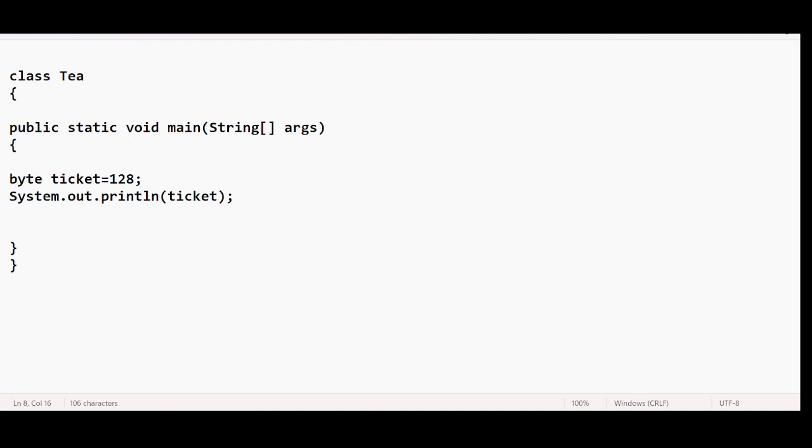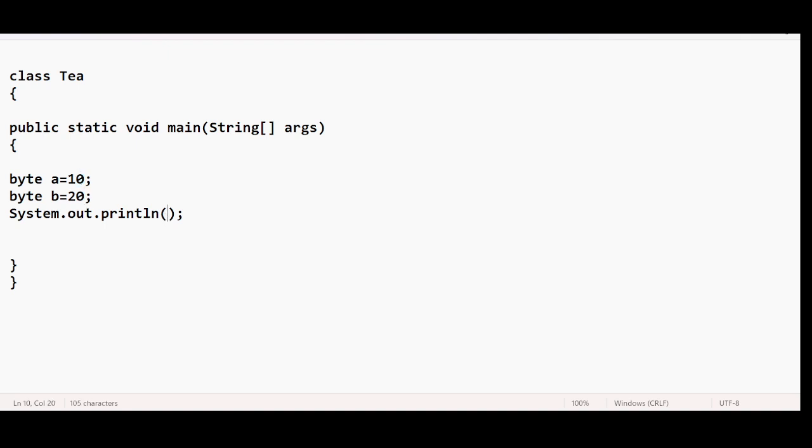Now let me take byte. Let us take nominal values. Let byte a equal to 10. I am taking byte b equal to 20. So two same data types, I have taken different identifiers and different values.